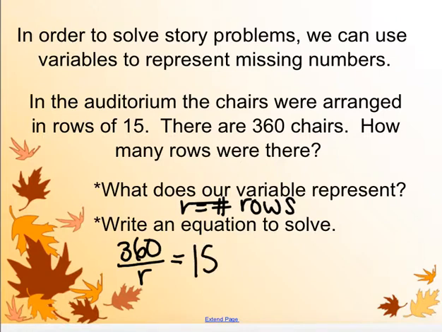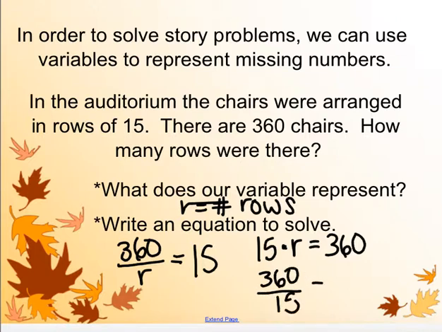So we take the total number of chairs, divide it by how many rows we have, and we get how many is in each row. That's one way. Or maybe we say I have 15 chairs and a certain number of rows, so I get 360 chairs. Lastly, you could say maybe I do 360 and divide it by how many chairs are in each row so that I can figure out how many rows there are.